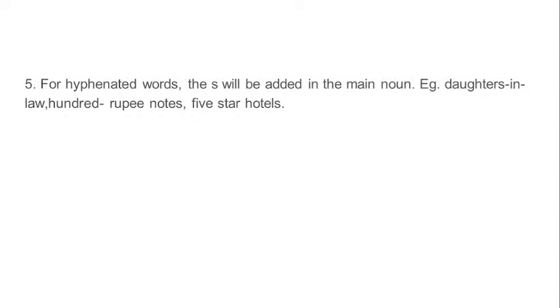Okay, there are names of subjects: mathematics, economics, physics, anything. Then the word news is there. Names of diseases are there: mumps, rickets, measles. Okay, then games. What are the games? Billiards, draughts, darts, anything.